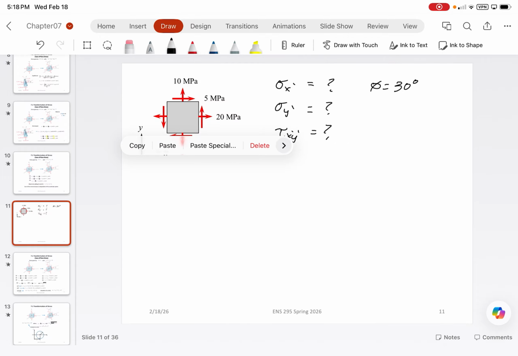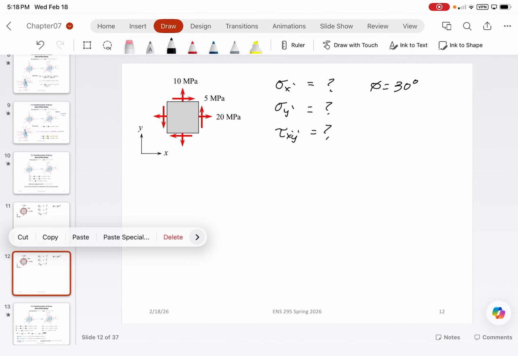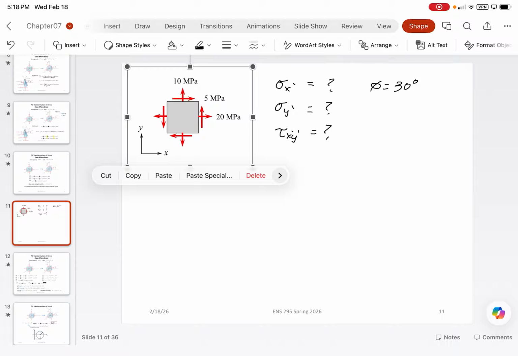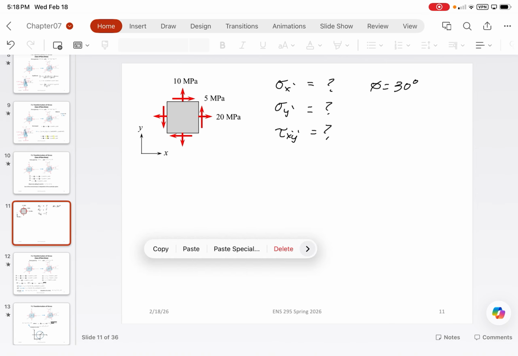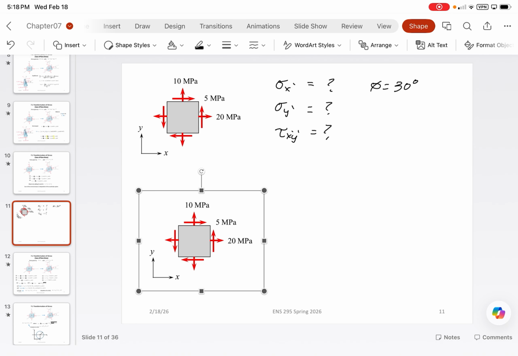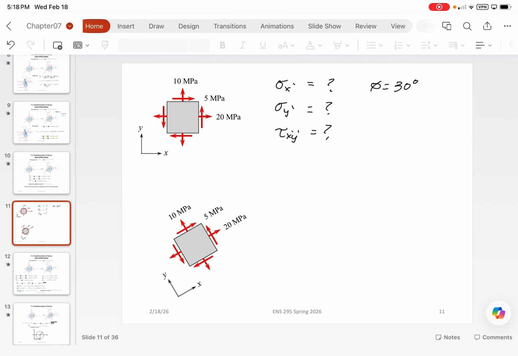So what we should get is basically something along the lines of, whoops, delete that, copy, paste, and it might look something like that.